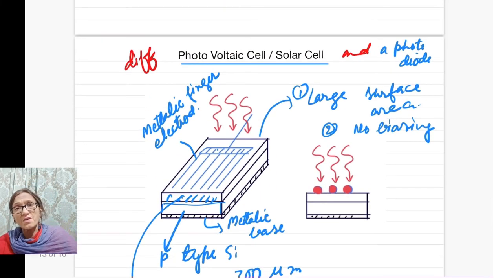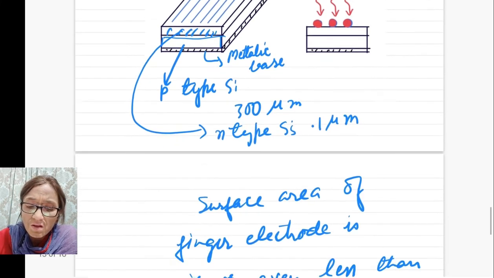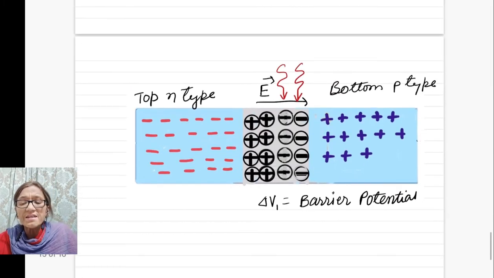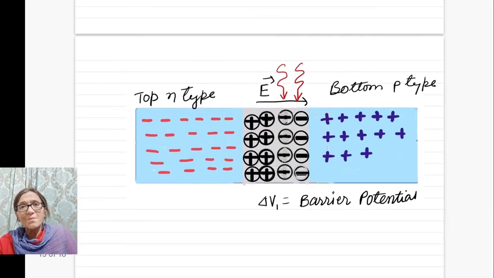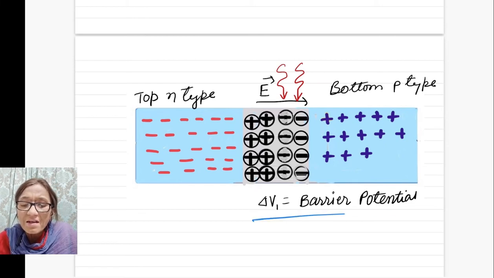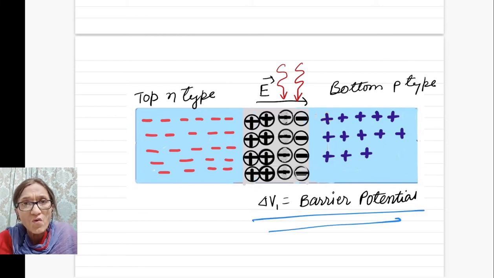Now how does it work? Initially this is a simple PN junction, as we have discussed just now. Initially you have net current 0, no current is flowing, and there is a potential barrier. Now what happens when light falls here?